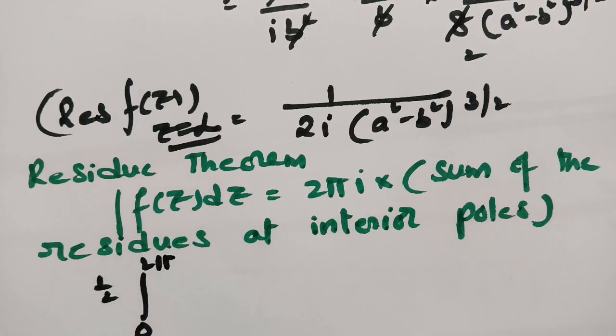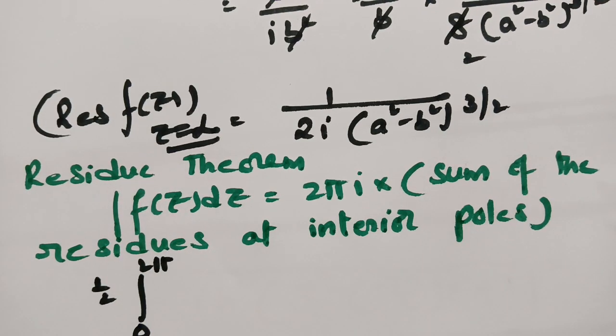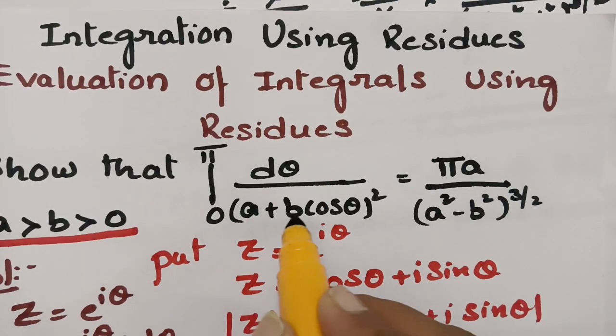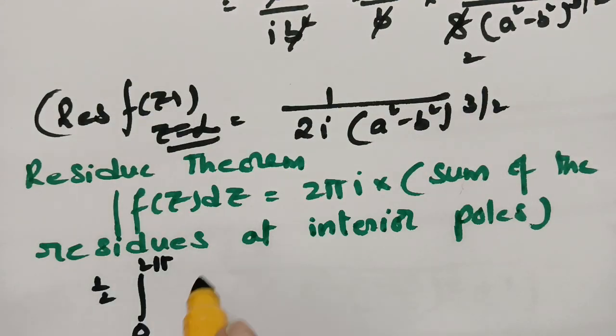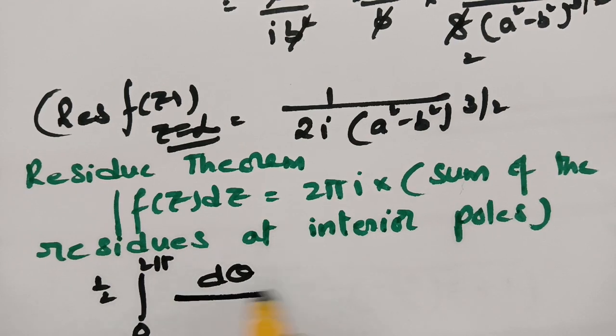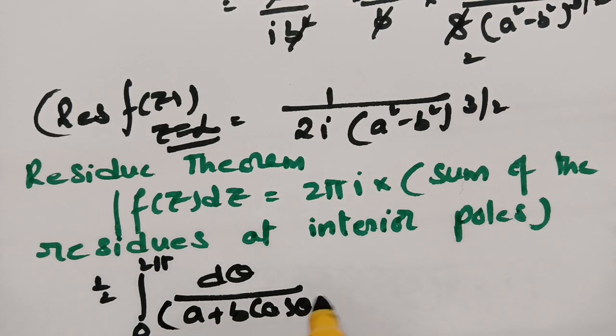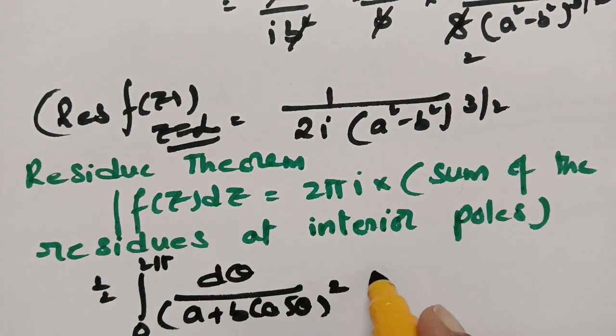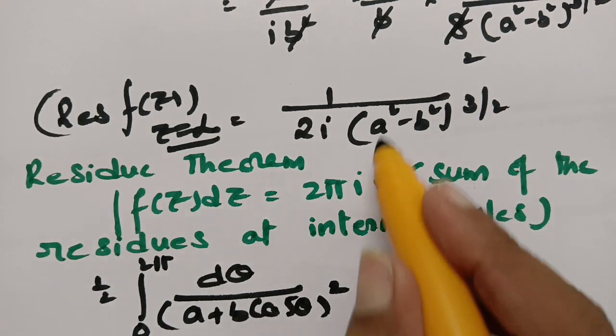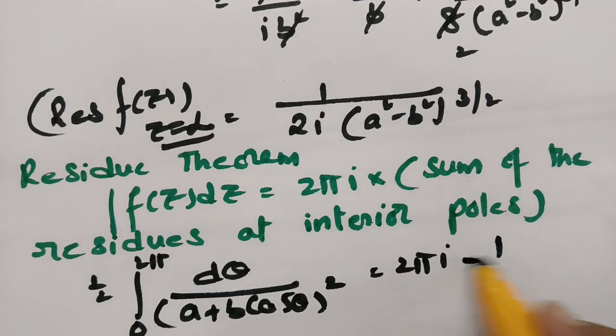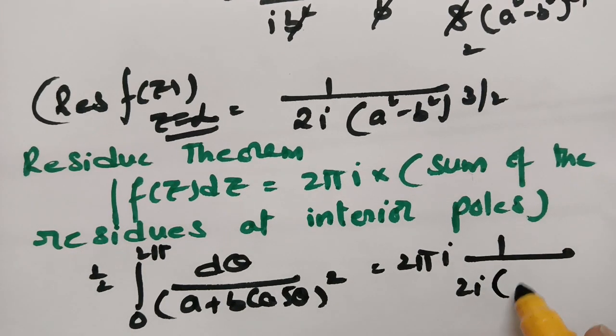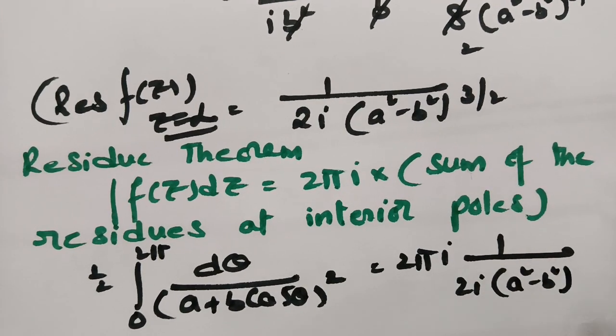0 to 2 pi. Our question here is 0 to 2 pi d theta by a plus b cos theta whole square, which is equal to 2 pi i times the residue at the interior pole, that is 1 by 2i times a square minus b square to the power 3 by 2. So 2i and 2i got cancelled and we get half times the integral from 0 to 2 pi of d theta by a plus b cos theta whole square is equal to pi by a square minus b square to the power 3 by 2.